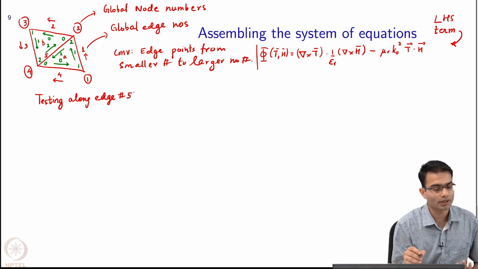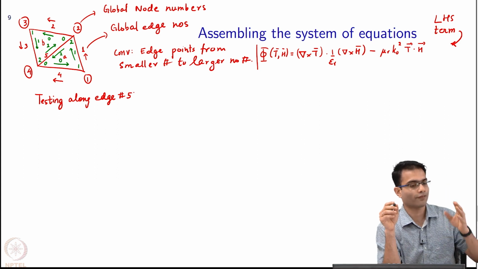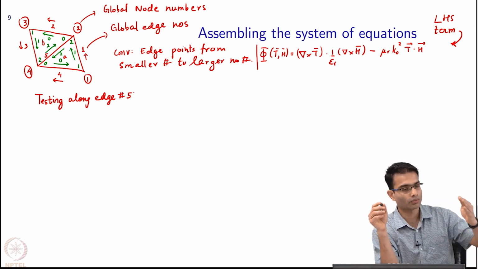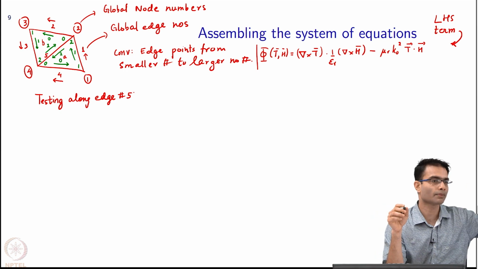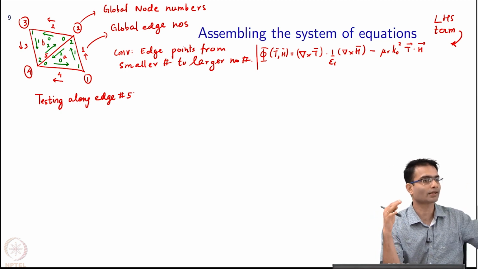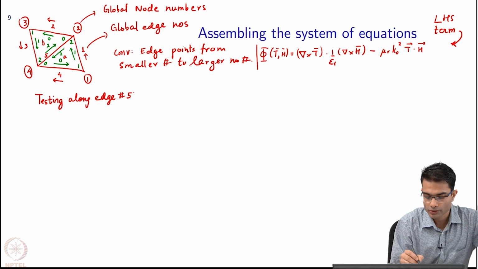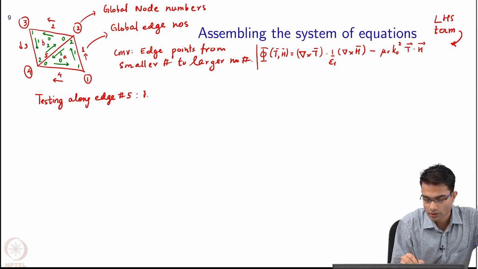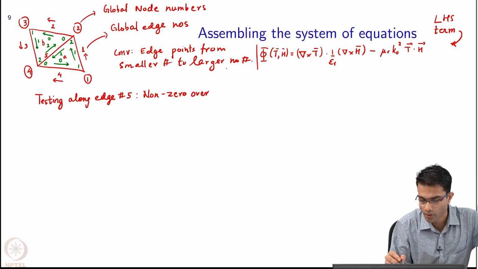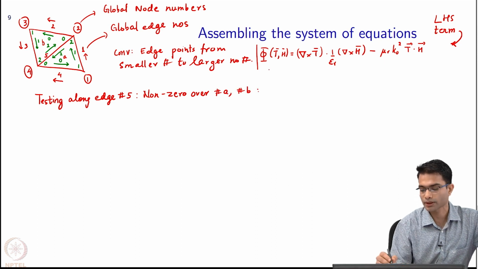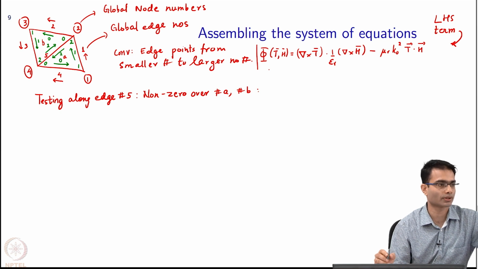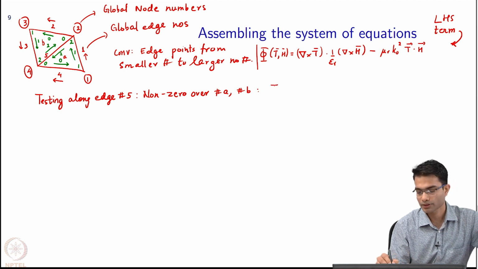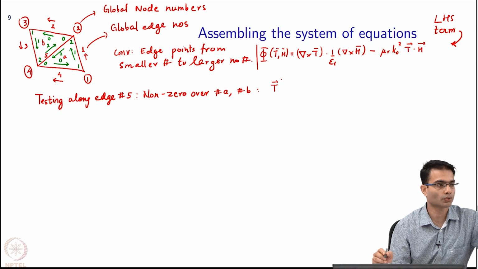My testing function is going to be the sum of the basis function corresponding to element A and element B, right. It is like that triangle function which I had in 1D, right. So, this is non-zero over element A and element B. So, you can think of it as, supposing I wanted to use the convention, T belonging to which element now?